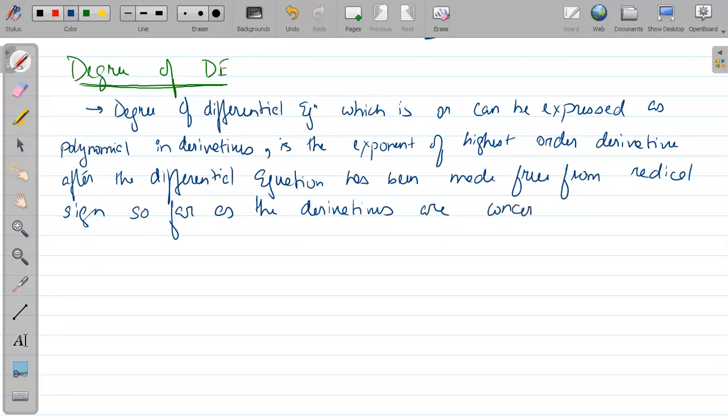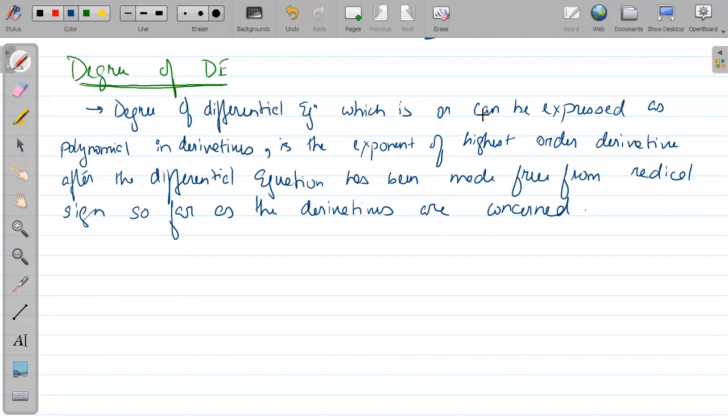Have you understood this definition? Basically, we have to make the format of the differential equation appear as a polynomial of derivatives. I'm not saying polynomial of the independent or dependent variables. I'm just saying polynomial of derivatives. So the degree of a differential equation which is or can be expressed as a polynomial in derivatives is the exponent of the highest order derivative. Whatever was the order we were finding earlier, the power of that highest order derivative is known as the degree.